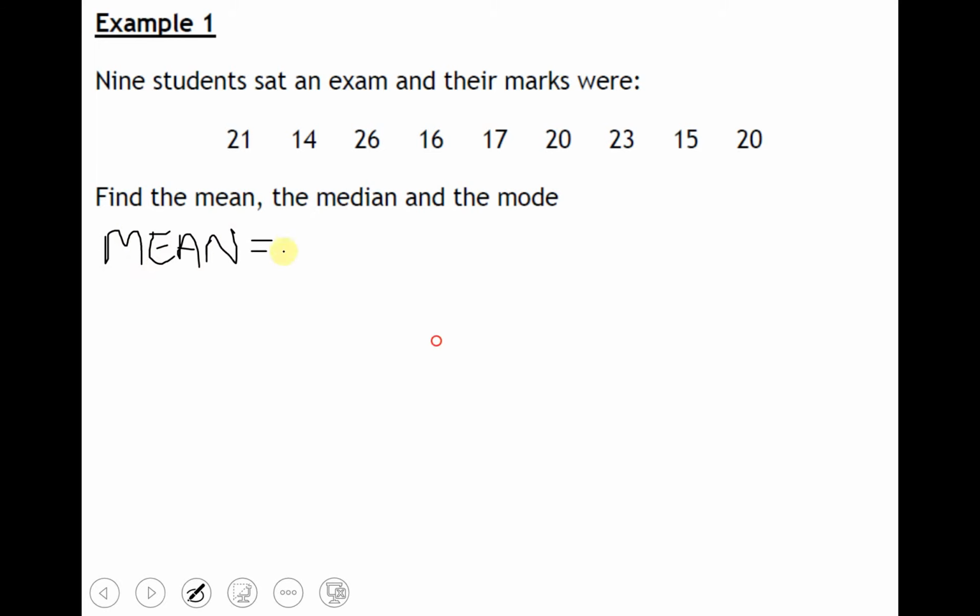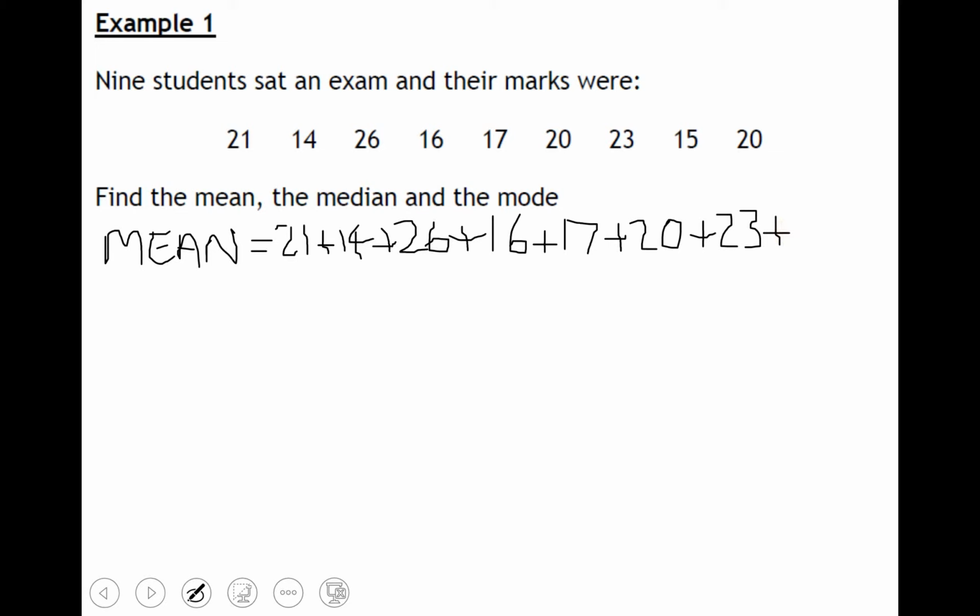So the mean would be 21 plus 14 plus 26 plus 16 plus 17 plus 20 plus 23 plus 15 plus 20, all divided by 9.